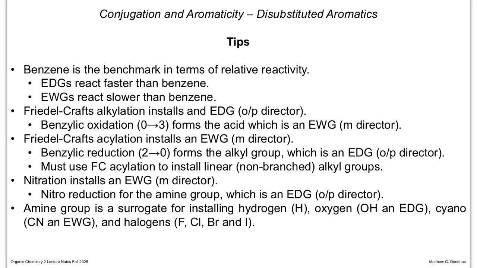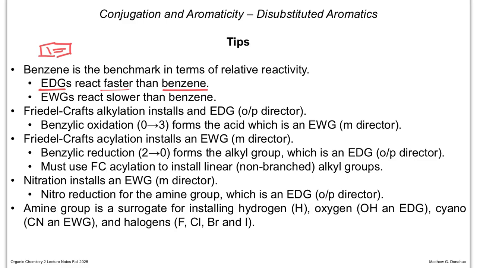So a couple of notes, observations from the stuff that we've learned. Benzene itself is our benchmark for reactivity. So if we benchmark that as 1, a substituent that's an electron donating group will always react faster than benzene.